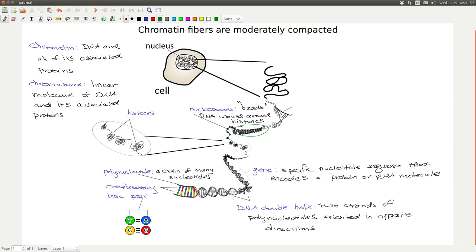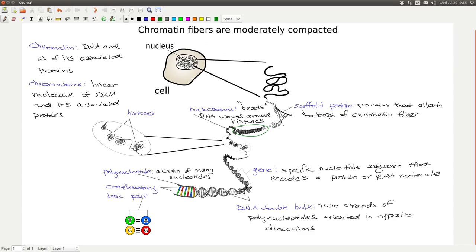Histones play an important role in organizing this compaction. A lot of the DNA in a cell that's in interphase is found as chromatin fibers. These fibers can be further compacted by forming loops onto scaffold proteins. This little black thing here represents a scaffold protein. Scaffold proteins are proteins that attach to loops of chromatin fiber.